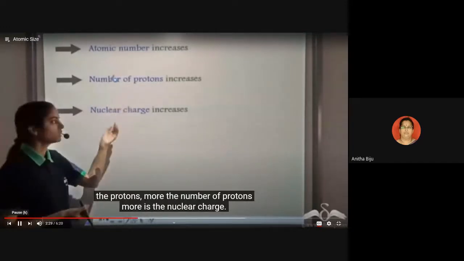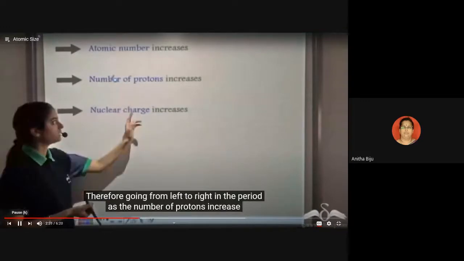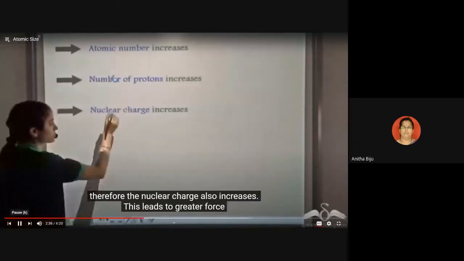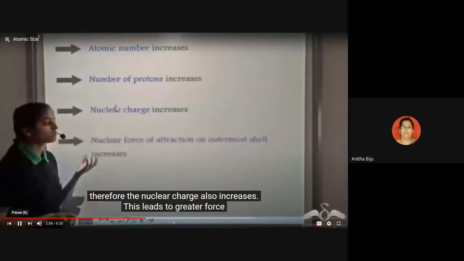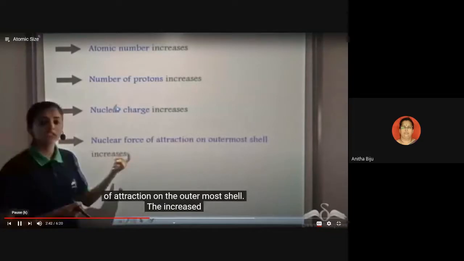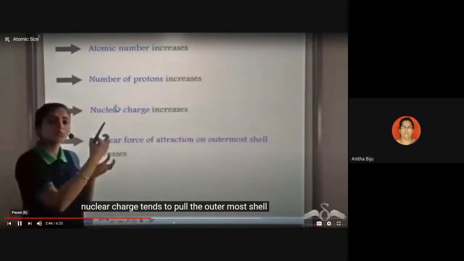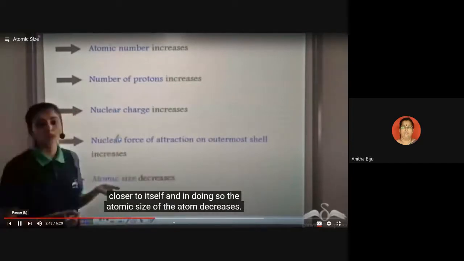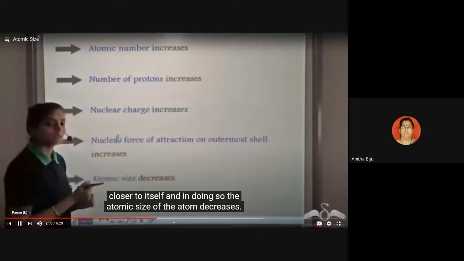Therefore, going from left to right in a period, as the number of protons increases, the nuclear charge also increases. This leads to greater force of attraction on the outermost shell. The increased nuclear charge tends to pull the outermost shell closer to itself, and in doing so, the atomic size of the atom decreases. Let's see this pictorially.